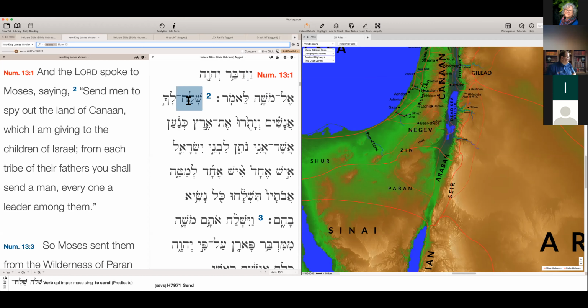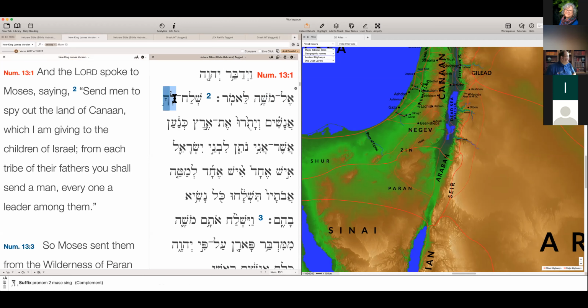And it says here, what's here? Shlach, send, and then you have lecha. This little thing, lecha, is what harmonizes what Deuteronomy says versus what Numbers says, and unfortunately, the New King James Bible doesn't pick up on it. It just says send men.